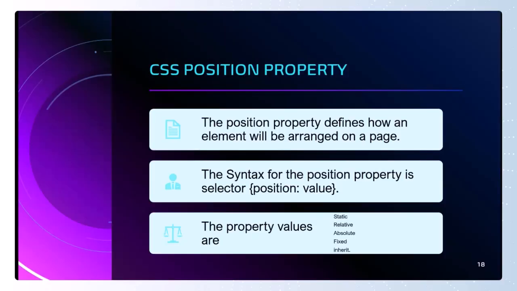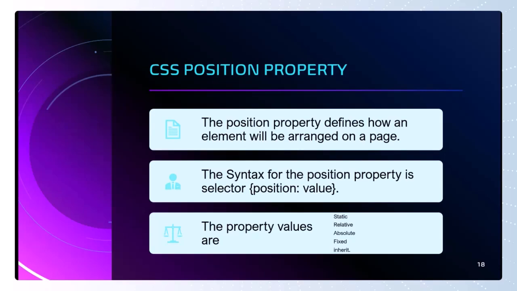The CSS position property defines how an element will be arranged on a page. The syntax for the position property is you have the selector, and then in the curly braces, the position and the values.